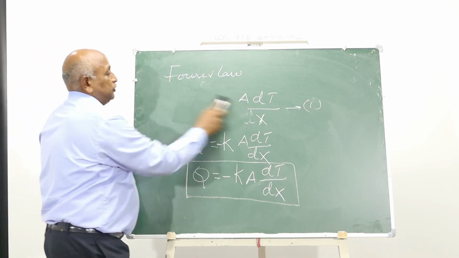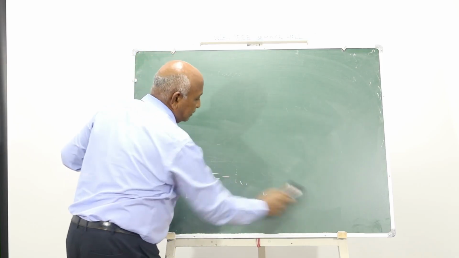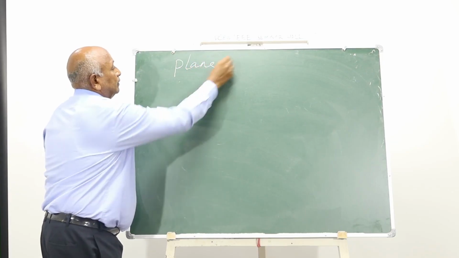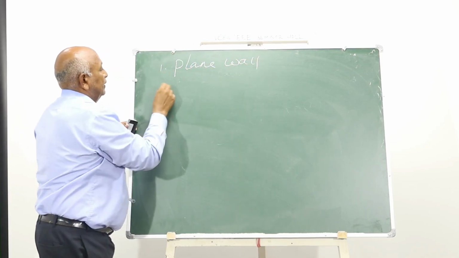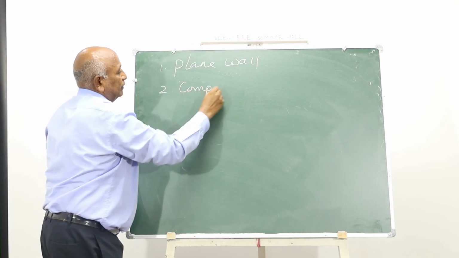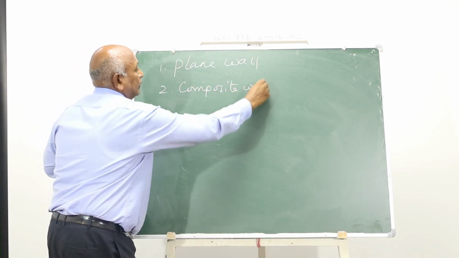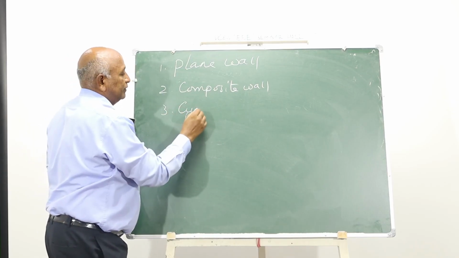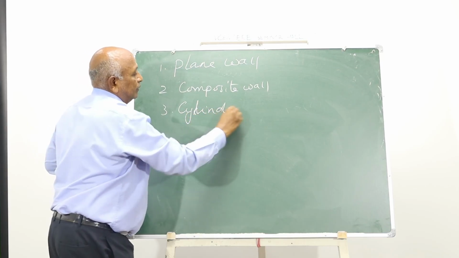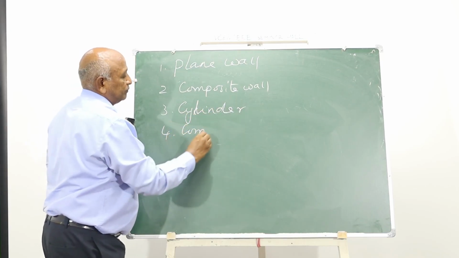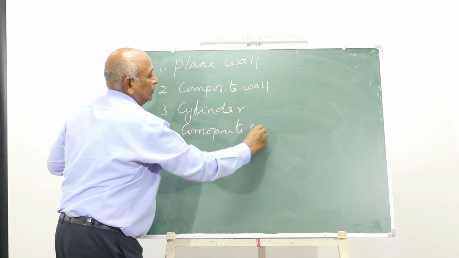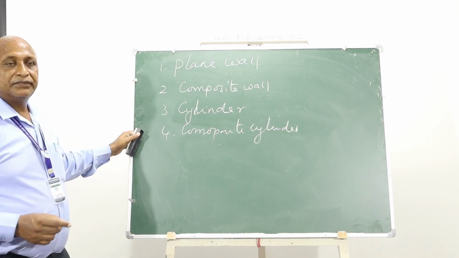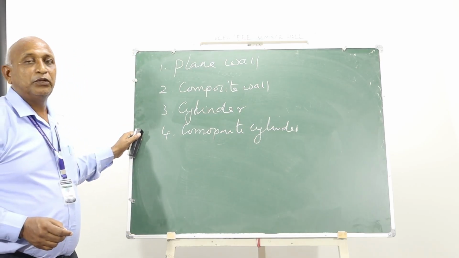For our lecture, we are going to consider heat transfer through a plane wall, the second one, a composite wall, the third one, heat conduction through a hollow cylinder, then a composite cylinder. In the next lecture, I will tell you how to derive the heat conduction equation for plane wall and composite wall. Thank you.